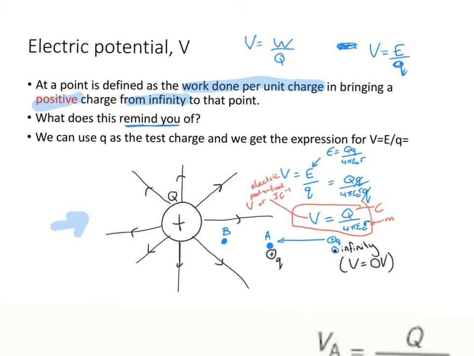Now, a very important part is, since we already defined the electric potential, we also need to make sure that through the definition, the electric potential at infinity will be 0. So electric potential at infinity will be 0 based on the actual definition.